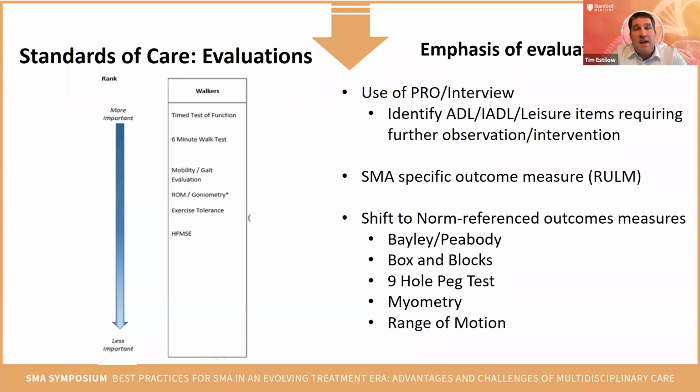So based on the age, for the younger kids, looking at the Bayley and the Peabody so far, these two have started to be used because, as you've seen through these wonderful talks and the treatments that are available now, these kids are starting to approach or near normal developmental milestones, and we hope that this continues, and we really need measures to capture this change. Additionally, I'll show you some data on the 9-hole peg test and myometry that we've used at CHOP, and some information from our retrospective study at CHOP that we're doing currently.